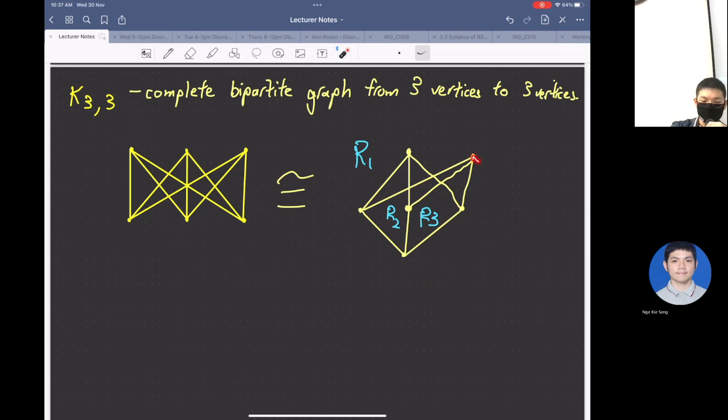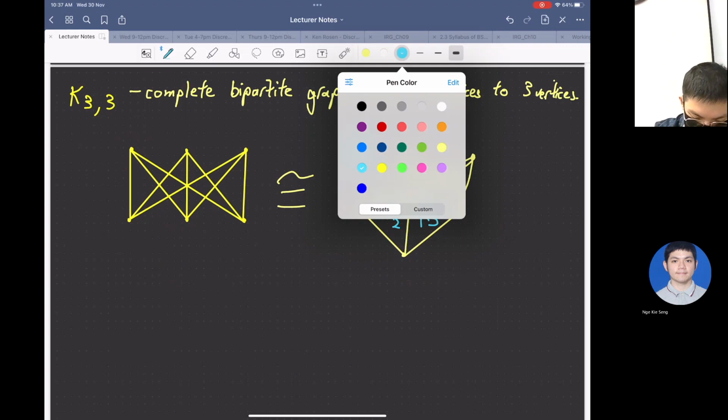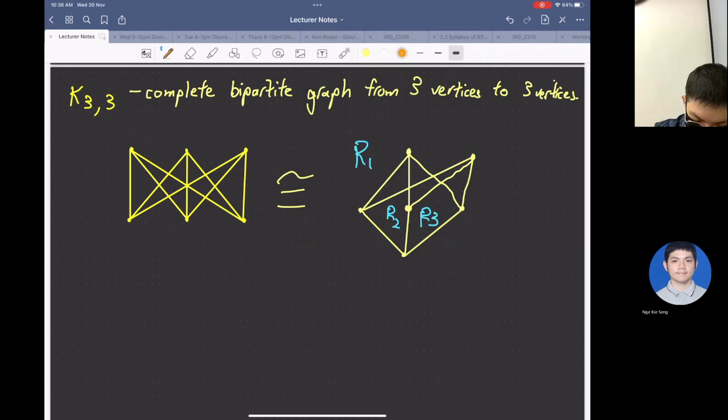But if it's already outside here, you can see that you cannot reduce this intersection. And similarly, if you move it here, here, here, you will have a lot of intersection, which you don't want. Let's say we move it into R3. Then we got connection to this one and this one.